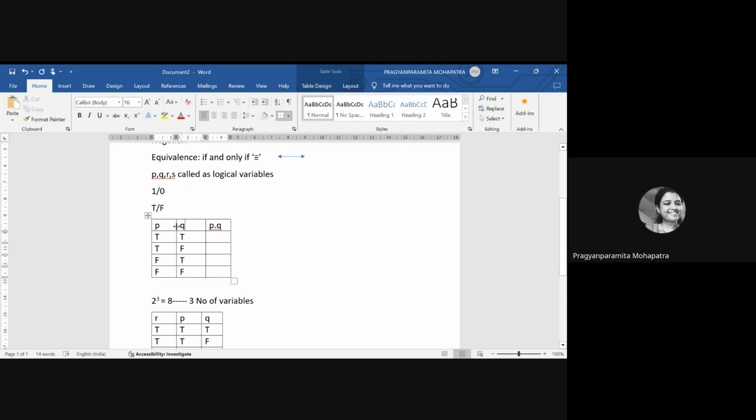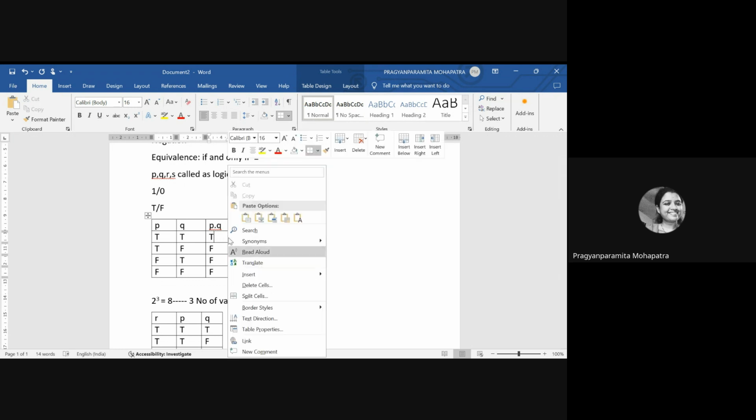Okay, P conjunction Q will be true if both the conjuncts, or both the propositions, are true, otherwise false. Did you get it? Yes. So there is only one possible condition on which P conjunction Q is true, otherwise it is false. Clear? Yes, it's clear.